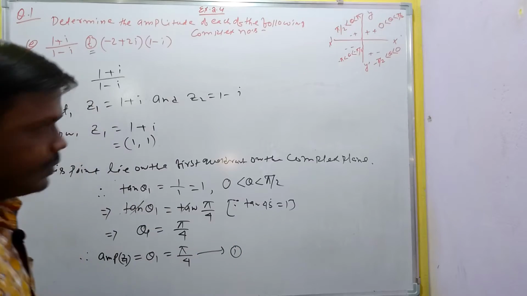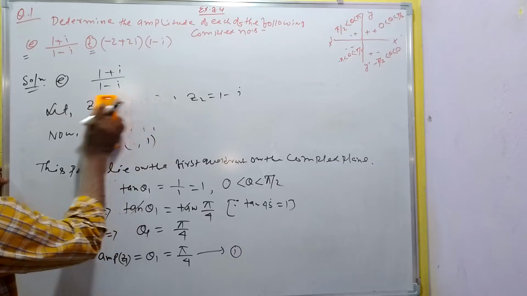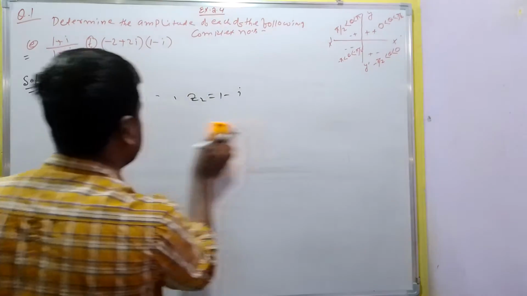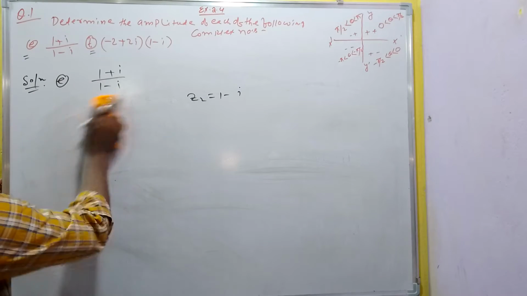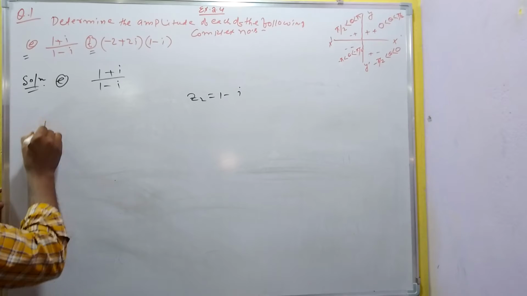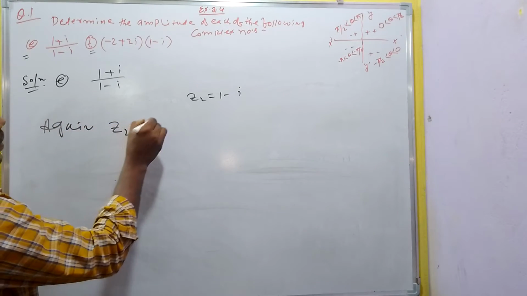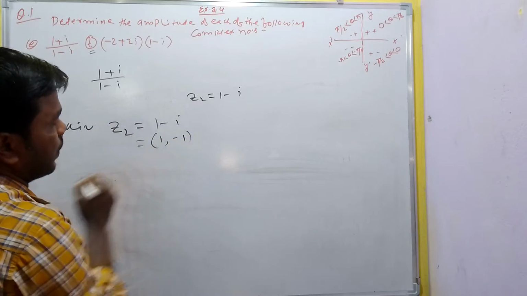Again, Z2 equals 1 minus i. Okay, you have to write (1, minus 1).